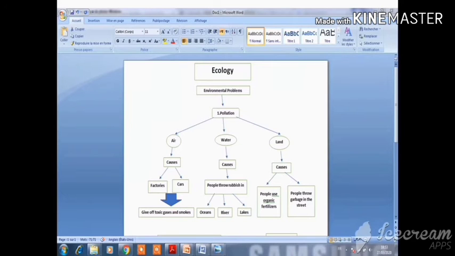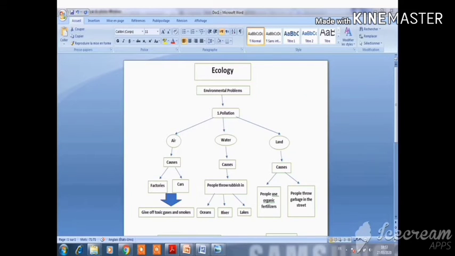Before doing some exercises, I would love just to remind you of all the vocabulary items that we studied in this unit, ecology. So as you can see here, we have some environmental problems like pollution, which is divided into three types: air pollution, water pollution, and land pollution.